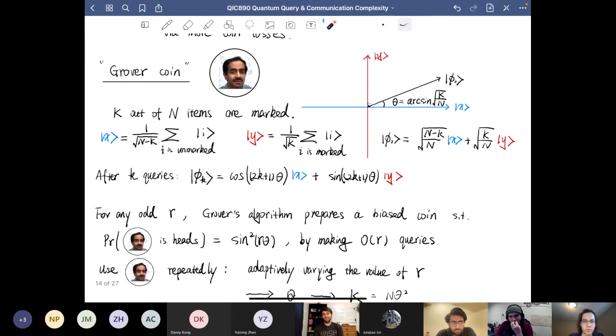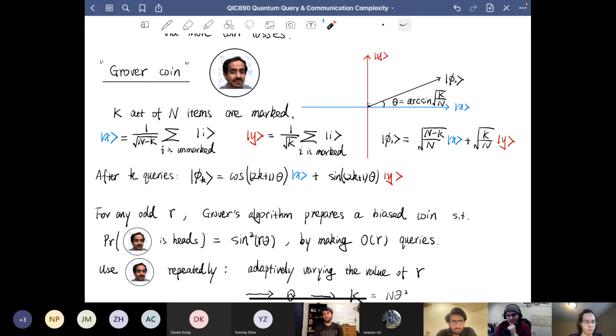And the essential component in this paper is the Grover coin. So let's first recap the protocol of Grover's algorithm. Suppose k out of n items are marked, and the initial state psi 0 is basically the superposition over all indices.